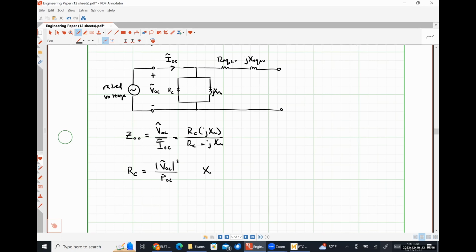And our magnetizing reactance, XM, is going to be 1 divided by the square root of the magnitude of our open circuit current over our open circuit voltage, squared, minus 1 over RC quantity squared. Sorry, the square should be out here. All of this is under the square root sign.